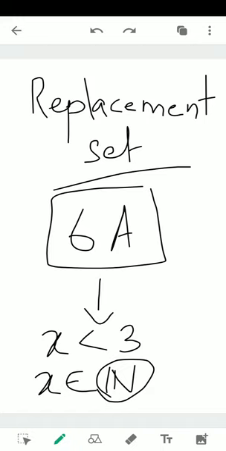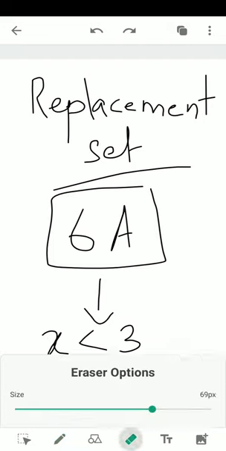For any linear inequation in x, the set from which the values of variable x are chosen is called the replacement set or the universal set. I hope everyone noted it down. So this was the formal definition of replacement set.